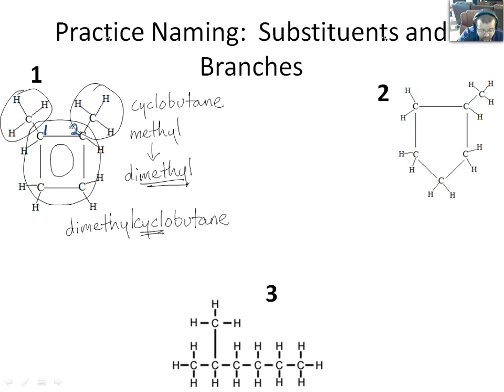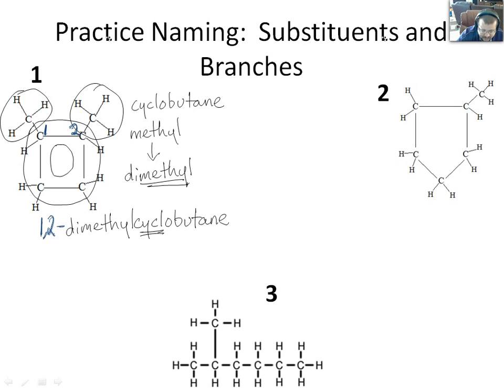I could start on the upper right also and get the exact same set of position numbers, and those are the lowest that we're going to get. Other possible position numbers would be 3 and 4, but again we want the lowest set, so we would name this 1,2-dimethylcyclobutane. That was kind of a mouthful.